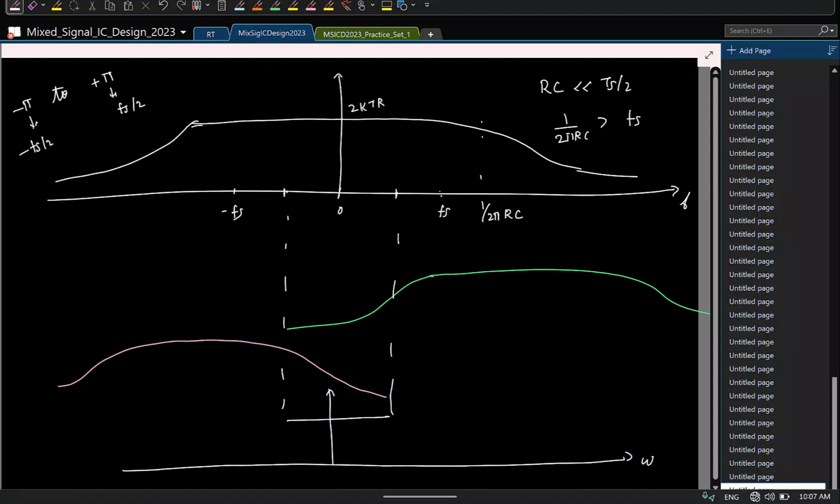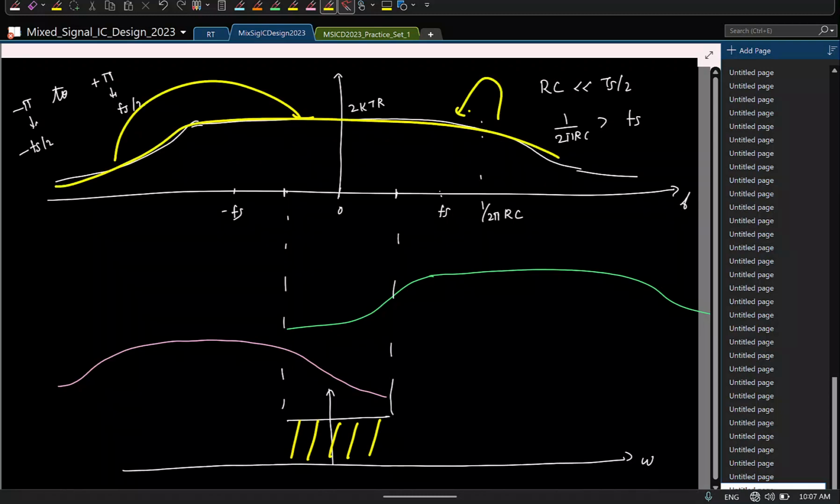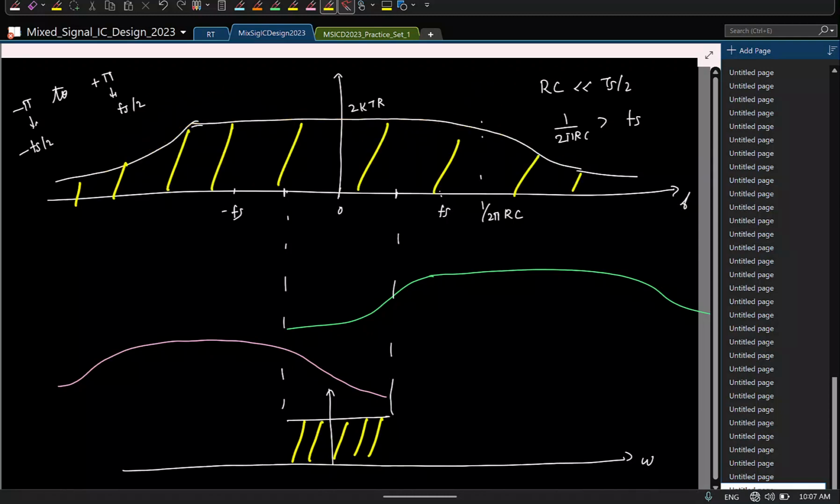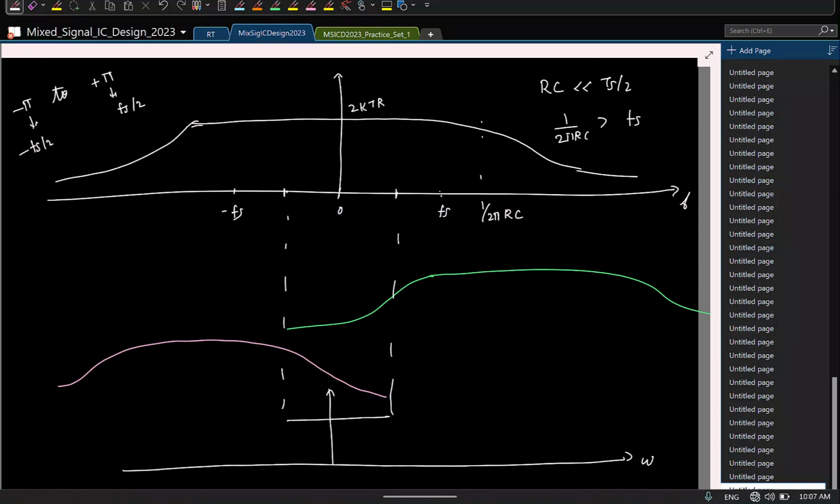To find the discrete time mean squared value, we take the area under this curve. The entire curve has fallen here, so the area of this is the same as the entire area of the original, which was kT by C. That is why these noise samples will also have mean squared value of kT by C.